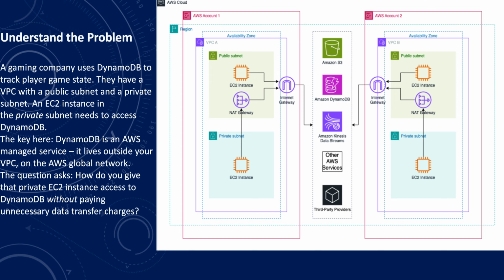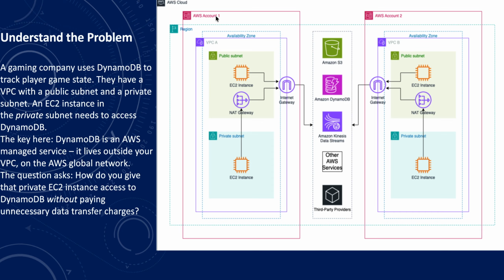The key here is that DynamoDB is an AWS managed service, so it lives outside the VPC on the AWS global network. So the question asks, how do you give the private EC2 instance access to DynamoDB without paying unnecessary data transfer charges? So let's see the diagram.